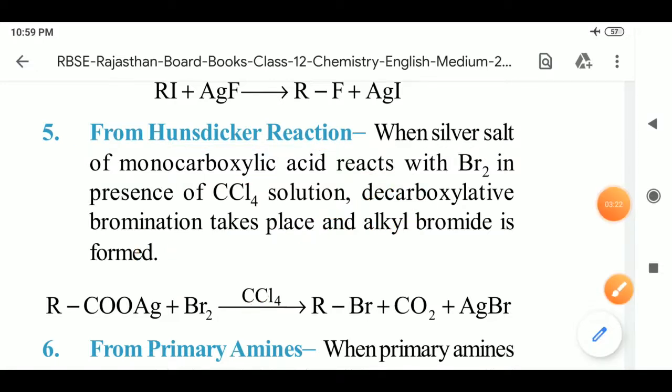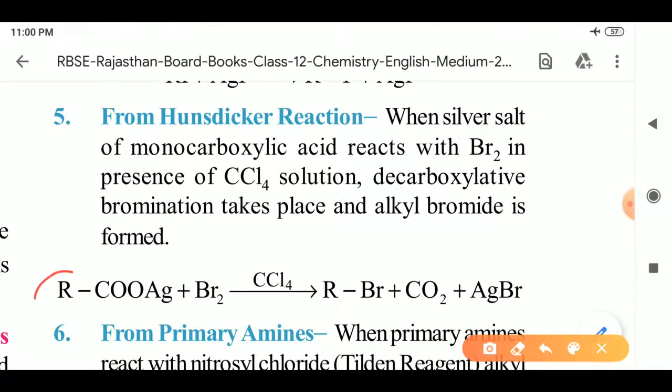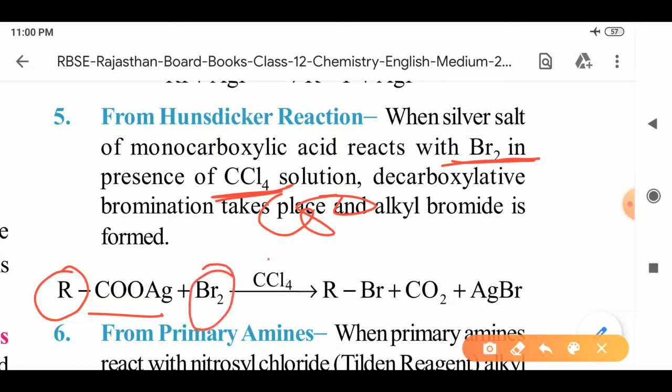Monocarboxylic acid means this R group is an alkyl group, and only one COO group is there. That is known as monocarboxylic acid, and it reacts with Br2 in the presence of carbon tetrachloride. So the silver salt of RCOOH reacts with Br2 in the presence of CCl4. It is converted into RBr.